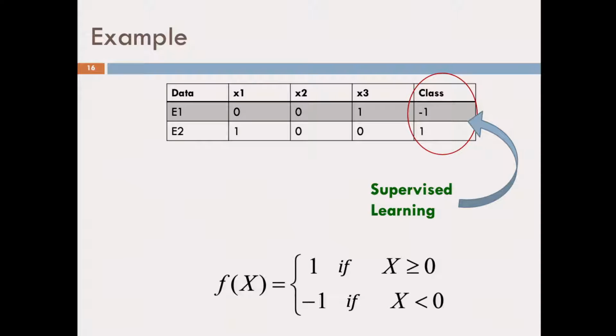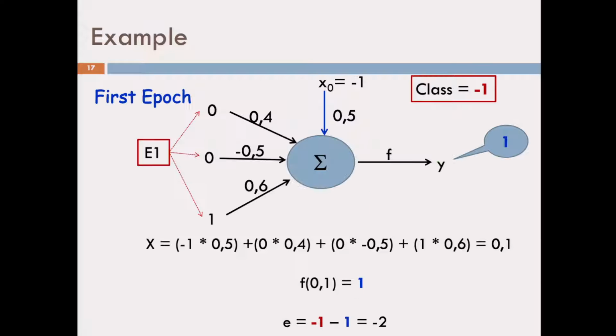And we have a function that says that if the output is higher than 0, then the class is 1. If the output is less than 0, then the class is -1. This we already know. So we are going to start the first epoch.